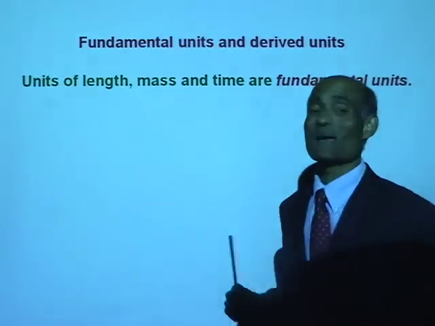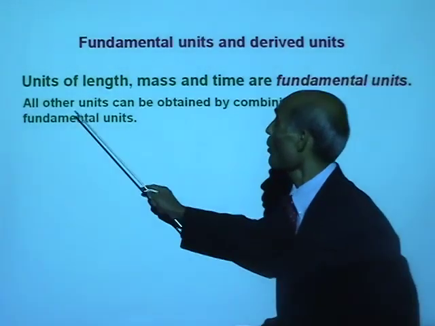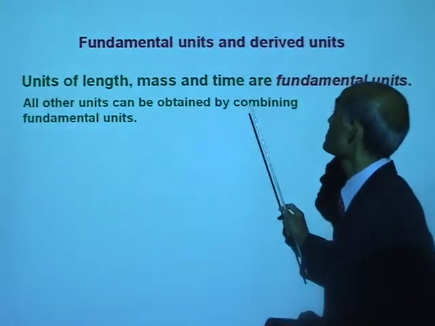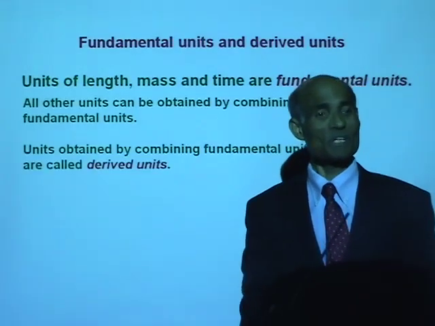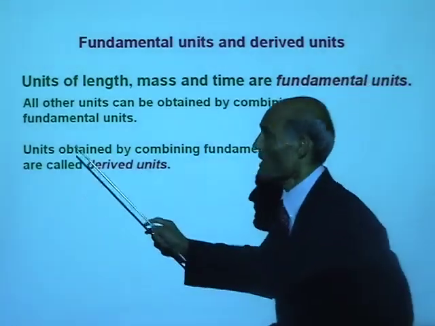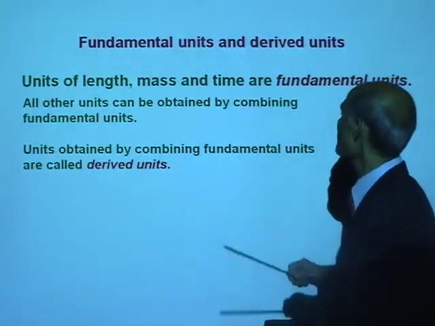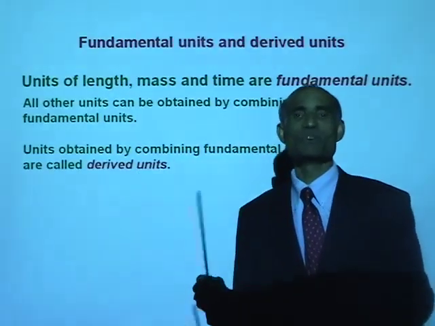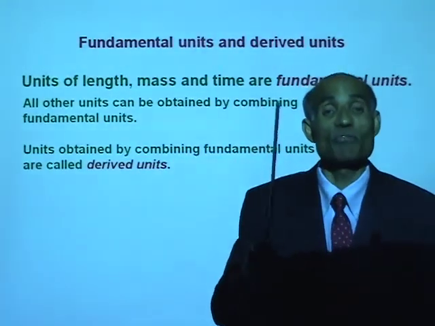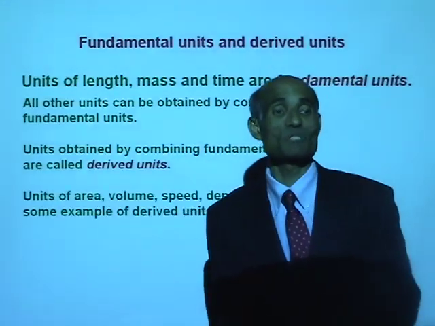Units of length, mass and time are fundamental units. Now all other units can be obtained by combining fundamental units. What does that mean? I'll show it to you in a minute. Units obtained by combining fundamental units are called derived units. Units that are derived from fundamental units by combining fundamental units properly.